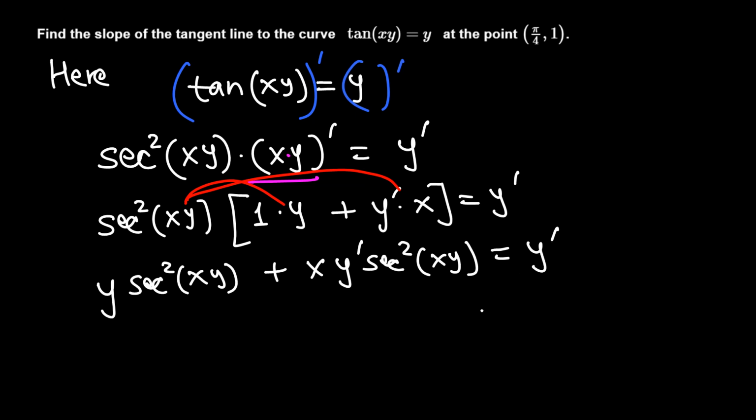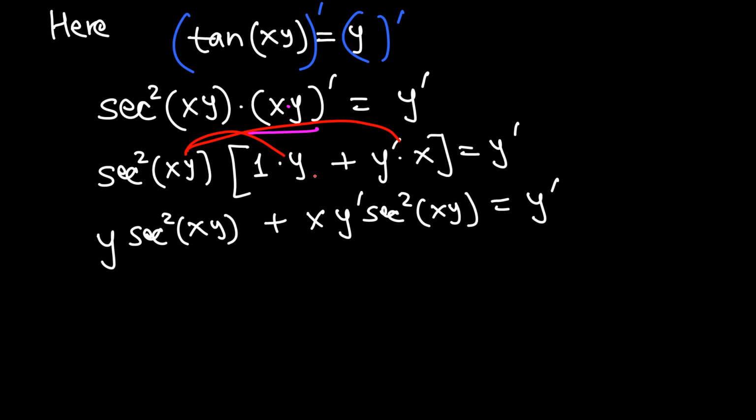We are trying to isolate y prime, and here is y prime and here is y prime. So let's move this over, that means subtract xy prime secant square xy from both sides. Let's subtract this, so that would be negative y secant square xy, we subtract it, so it's gone.